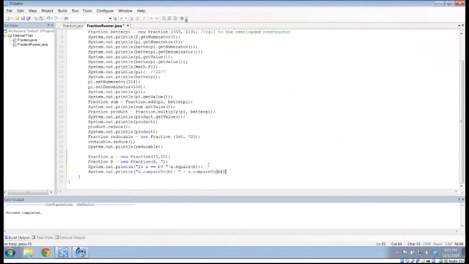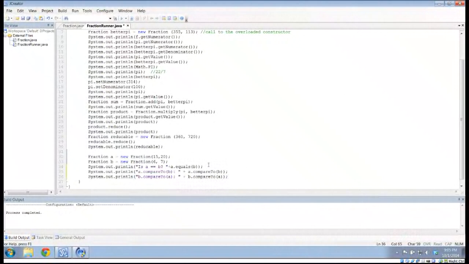And I want to do the same thing comparing B to A, using the B.compareTo(A).